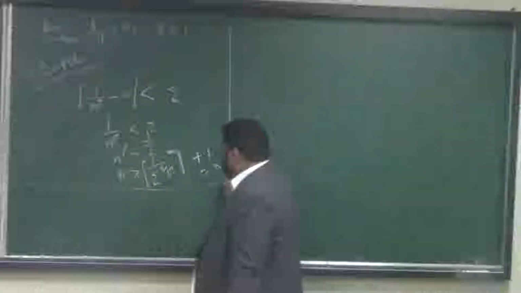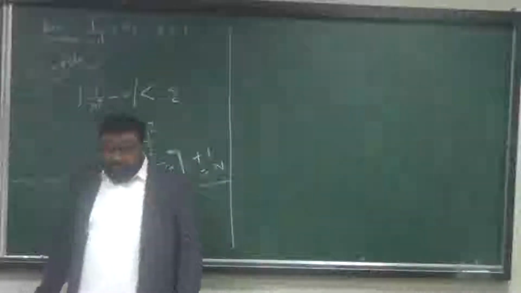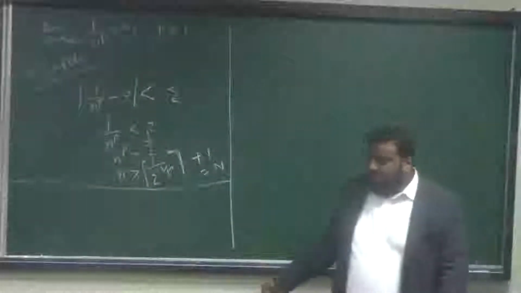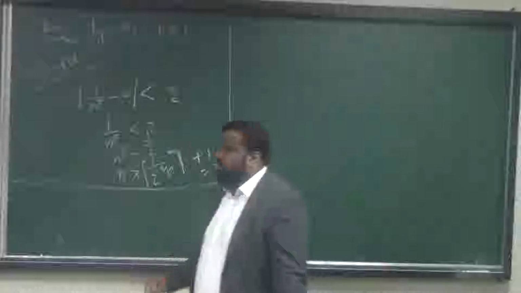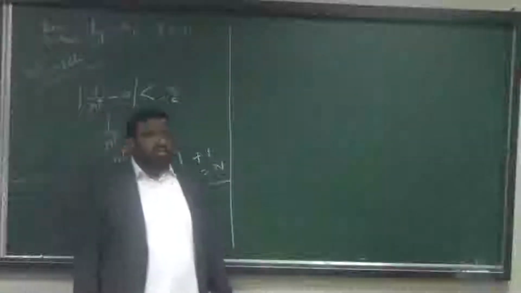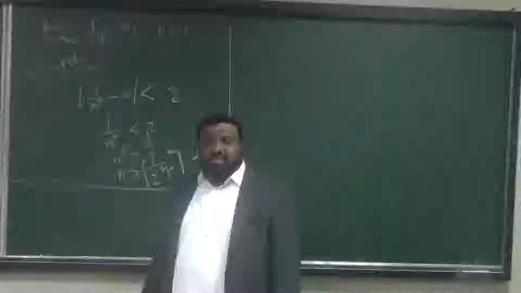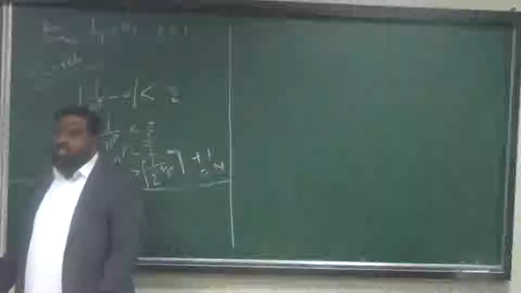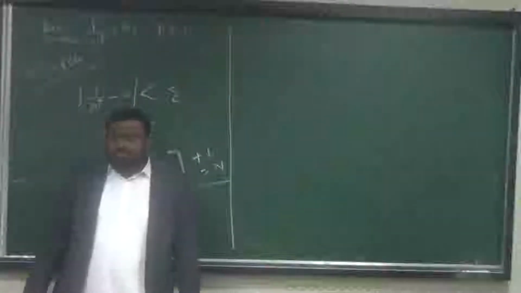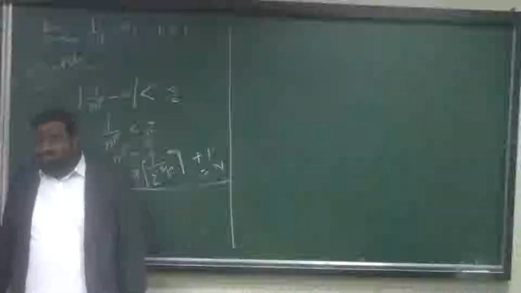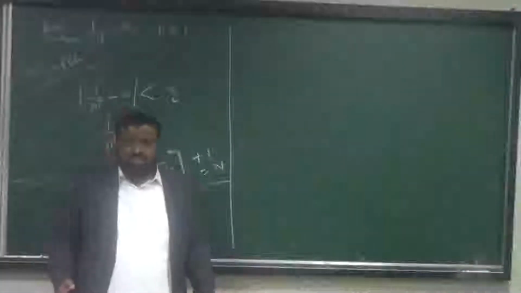So we need to keep one thing in mind. What you are going to learn in this whole chapter is not a way to know definitively that, given any sequence, you can always tell whether it is convergent or not convergent.